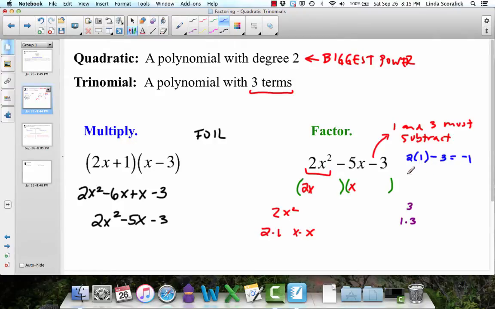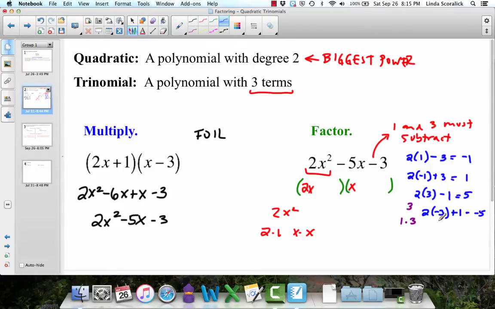What if I multiply 2 times negative 1 and then add 3? That's going to give me positive 1. Again, not what I want. What if I multiply 2 times positive 3 and then subtract 1? That gives me 5. I'm getting closer, but I want a negative 5. So if I do 2 times negative 3 and then add 1, that gives me negative 5.